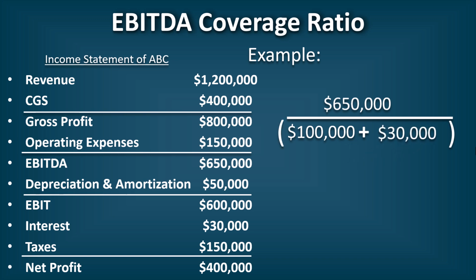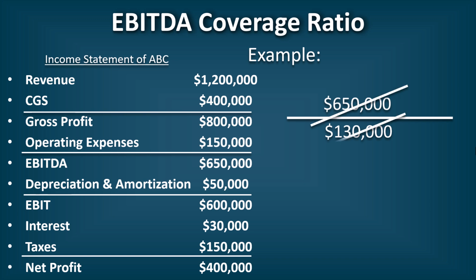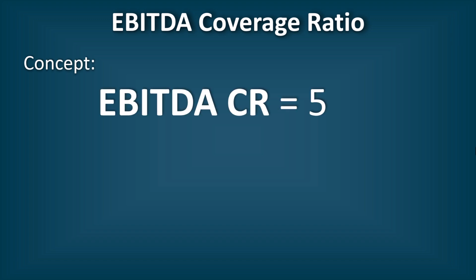First, principal plus interest equals $100,000 plus $30,000, which equals $130,000. Now, EBITDA, $650,000, divided by $130,000 equals 5. So, the EBITDA coverage ratio in this example is 5.